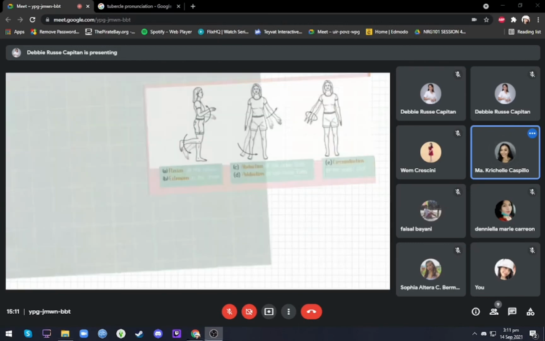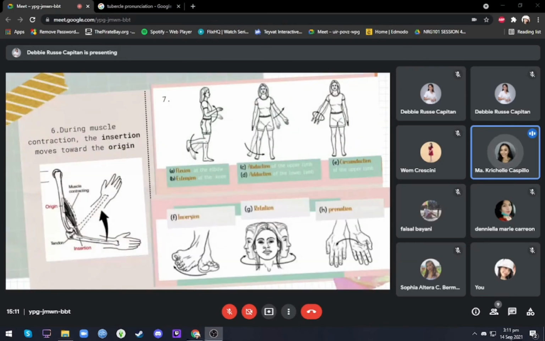Next. 6. During muscle contraction, the insertion moves toward the origin. Number 7 is the body movements. A. Flexion at the elbow. B. Extension at the knee.